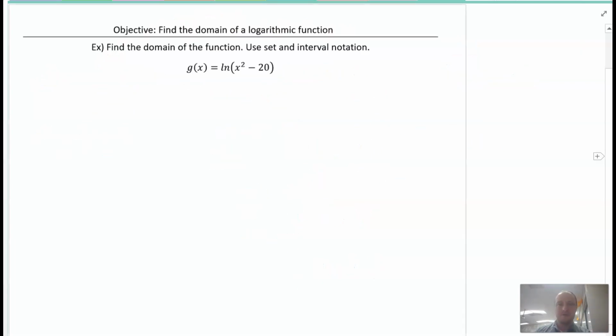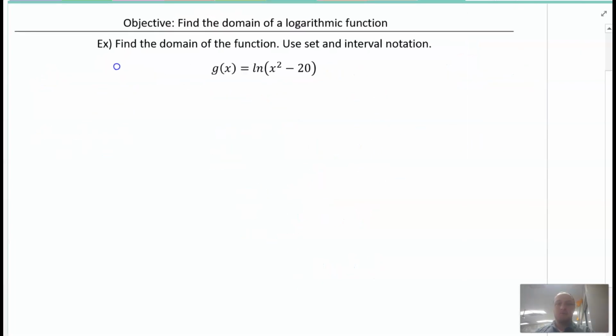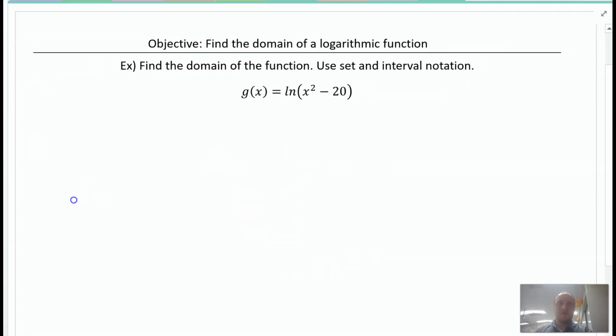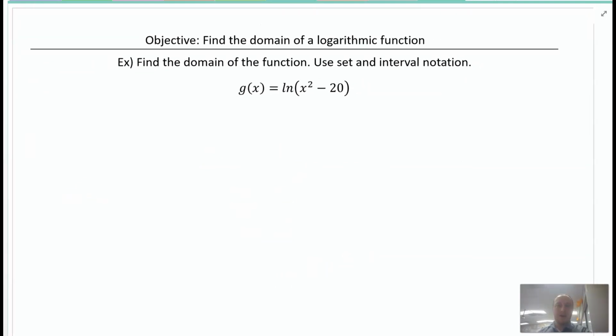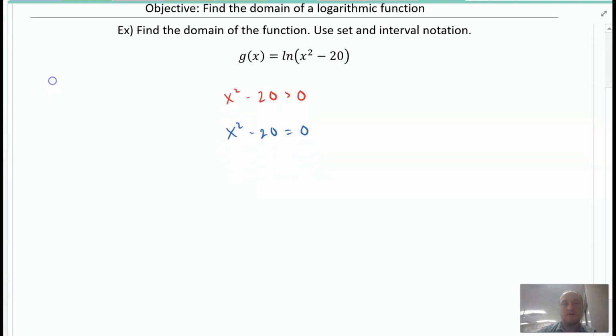Okay? All right. One more example. Here we have the natural log of x squared minus 20. Okay, so x squared minus 20 greater than 0. And then I'm going to switch to an equal sign. And then we'll solve.